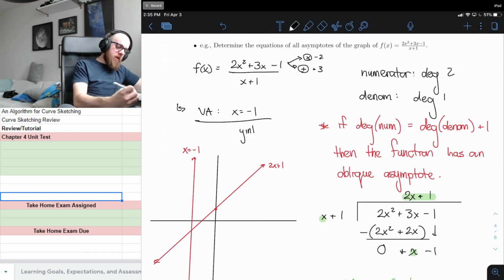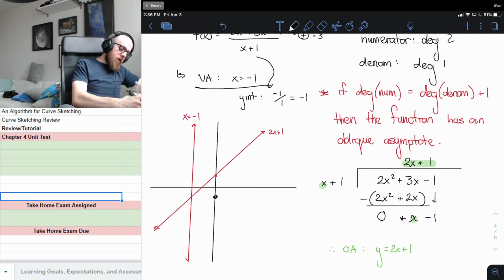If we plug in 0 for x, we get 0 plus 0 minus 1, so that's negative 1 over 1, which is just negative 1. So I know my y-intercept is down here, and that tells me that my function is going to be doing something like this. Okay. So I'll have another piece over here.